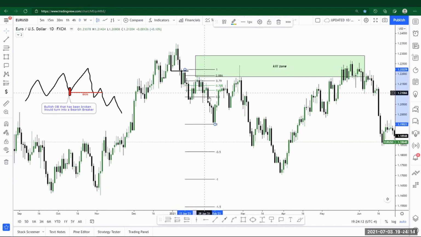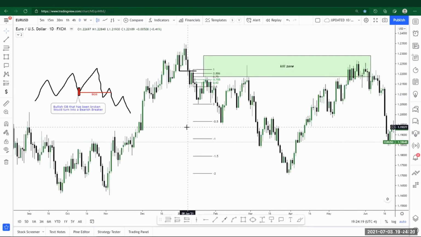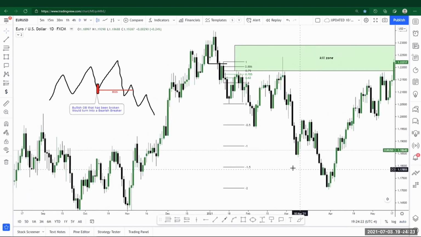So you would put your Fibonacci tool on your swing high and your swing low. Now, what is a swing high and a swing low? A swing high is where you have a high with two lows on either side of it. That is your swing high. A swing low is where you have a low with two highs on either side of it.